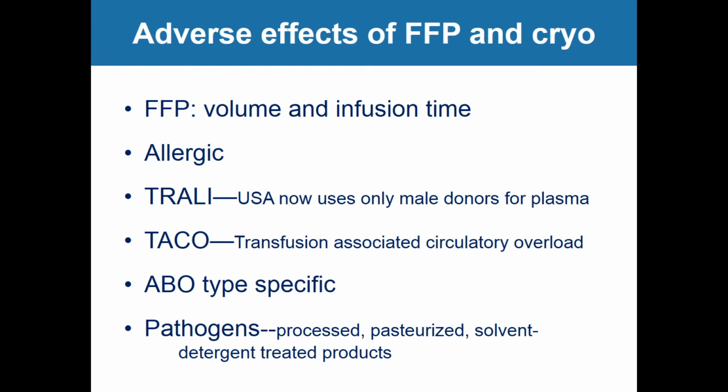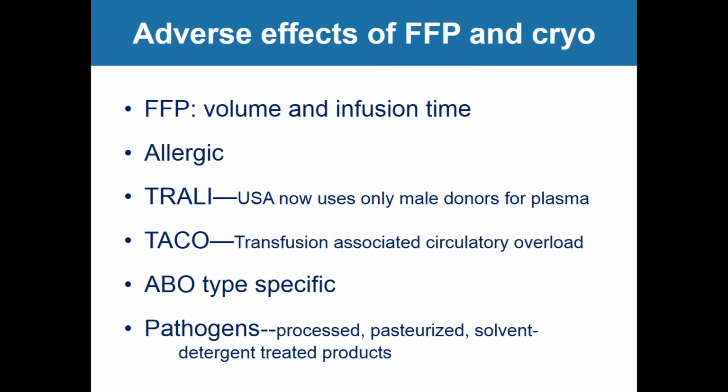TRALI, or transfusion-related acute lung injury, felt to be due to alloimmunization to HLA antigens in the U.S., is now avoided as female donors who become alloimmunized during pregnancy are excluded from sources of plasma, so that in the U.S. only male donors are used to make FFP or cryo.